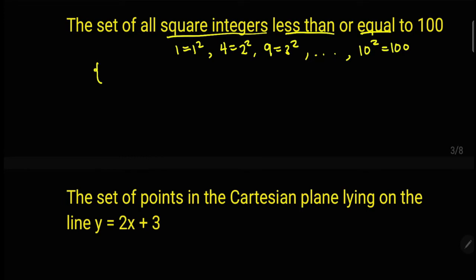So we can write that using the formula n squared for all n that are integers, but of course, we want n squared to be less than or equal to 100. So we want n to be between 1 up to 10.